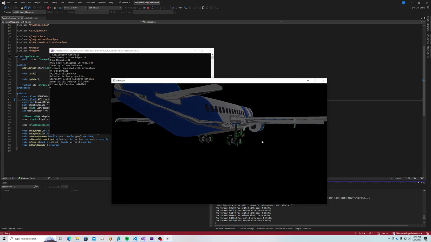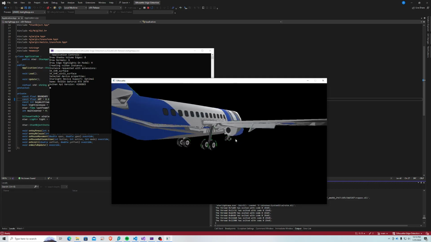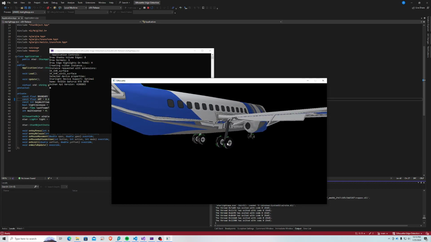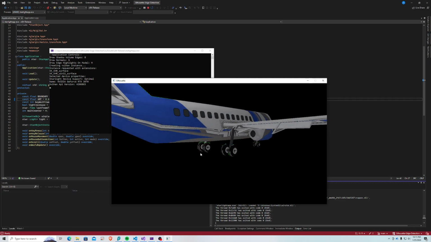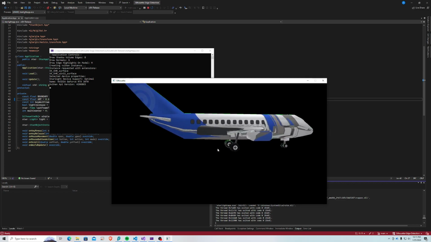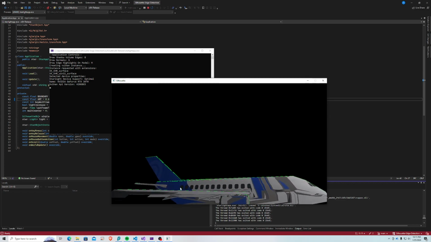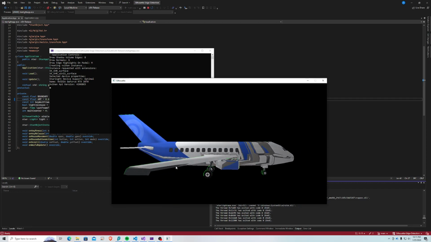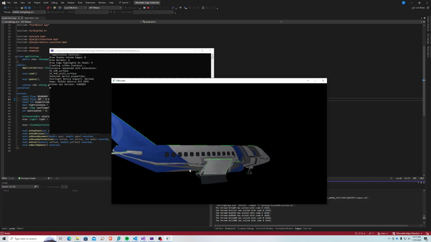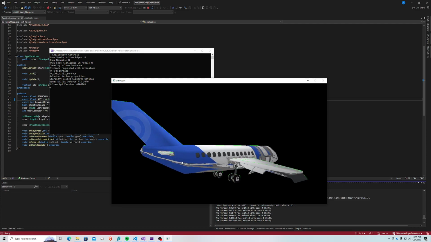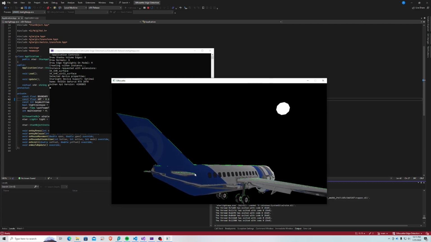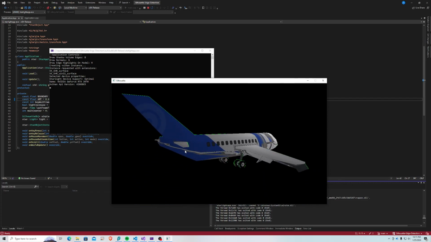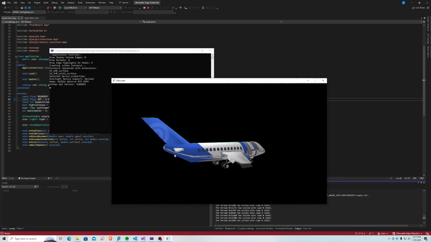Implicitly I assumed that since the top of the model here was in between the wheels and the light, they shouldn't be lighting up, but that was just a silly thing on me. But this is working correctly in that it does highlight the parts of this model which are facing the light. And there are a couple oddities, and I think that is in with how the camera is moving.